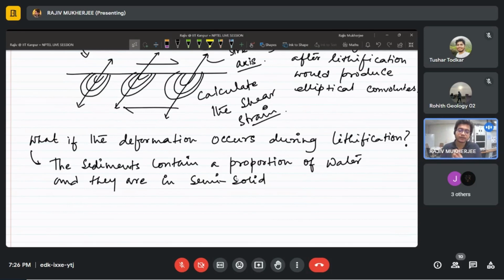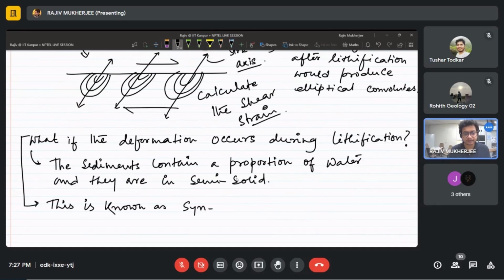So this entire process is called diagenesis. So diagenetic deformation, right? So this is known as diagenetic deformation.